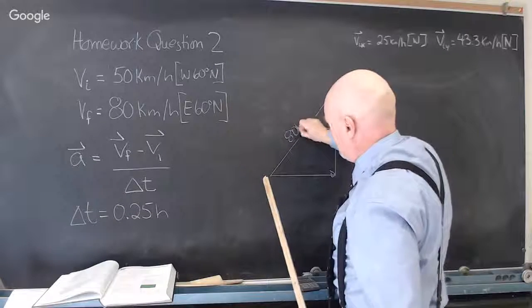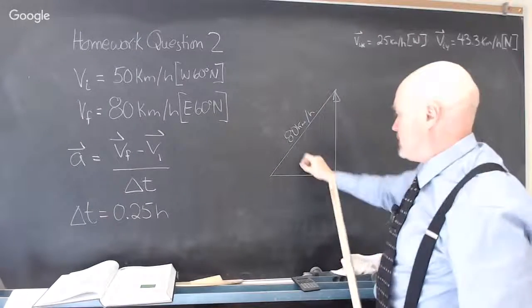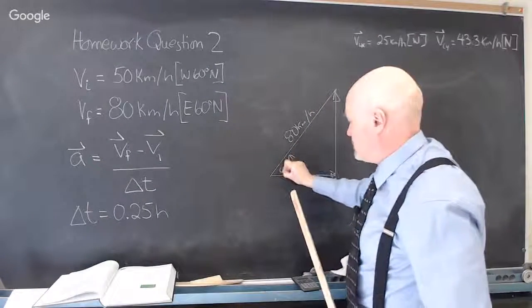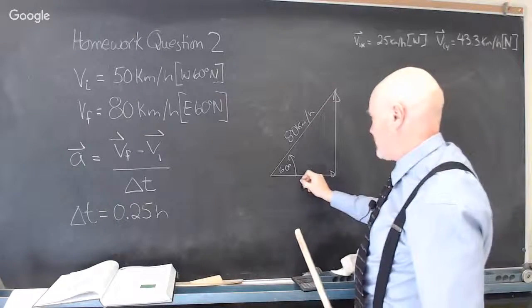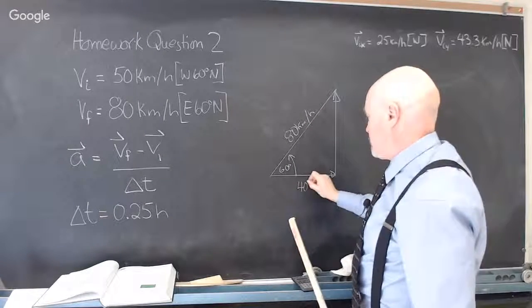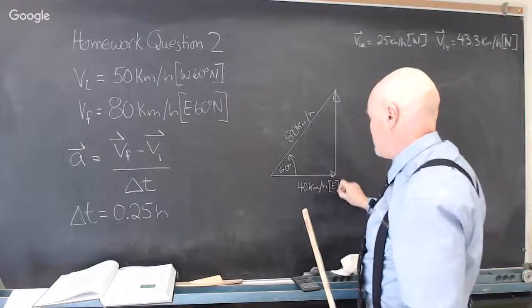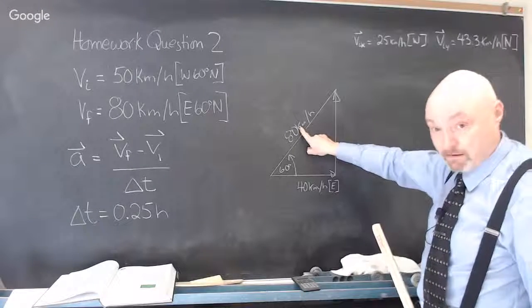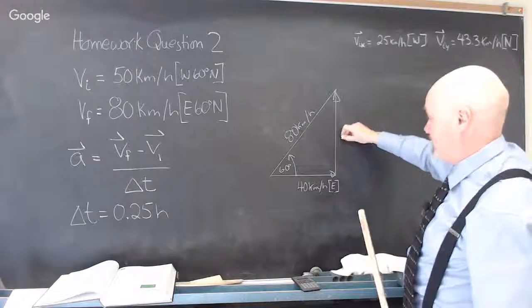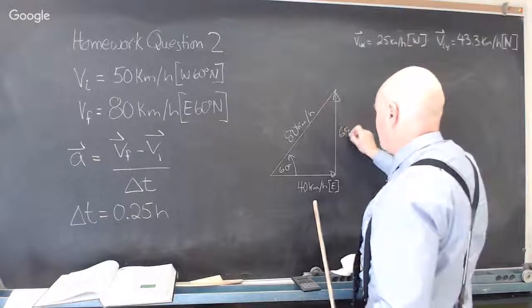Okay, so 80 kilometers an hour, and that is east, 60 degrees to the north. And since it's a nice 60-degree triangle, this is 40 kilometers an hour, and that's east. And this is 0.8669 times 80, so this is 69.